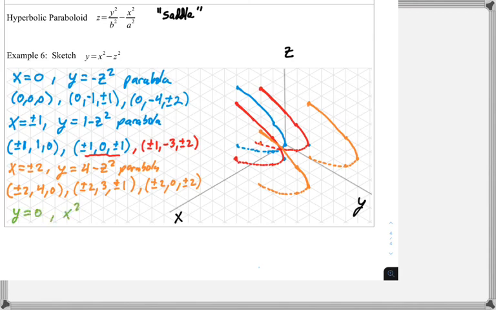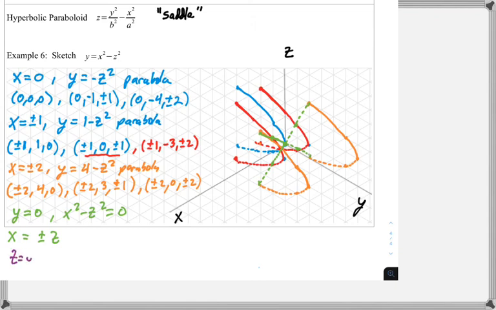Okay. Y is equal to 0. And we're going to have x squared minus z squared is equal to 0. Solving that, that's going to give us x is equal to plus minus z. So we can plot a little bit of that. Okay. And then we would probably do, no, let's just leave it at that. This is going to make it messier. Okay.